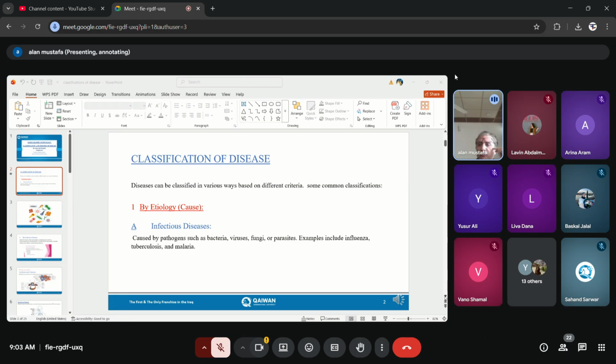Now, we have many ways to put diseases into different types, to classify them. So why is it important to classify disease? What is the point of doing this? Anyone?